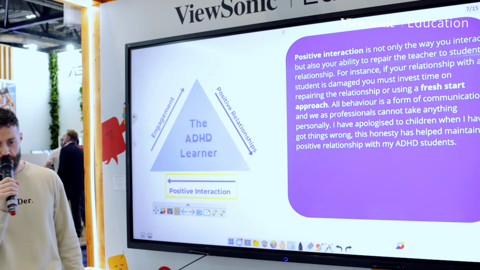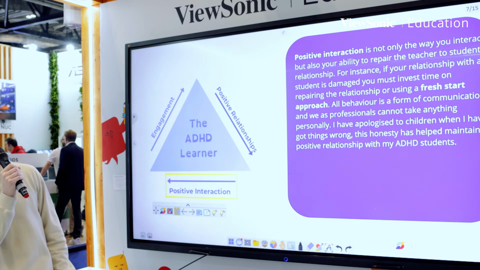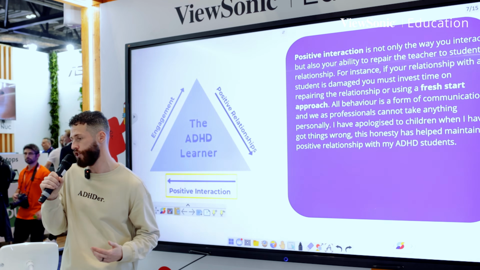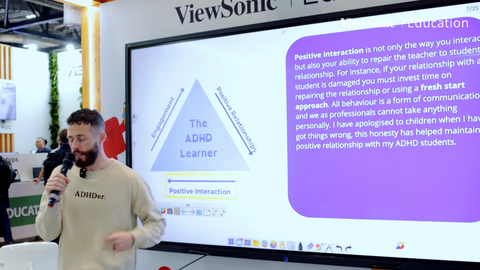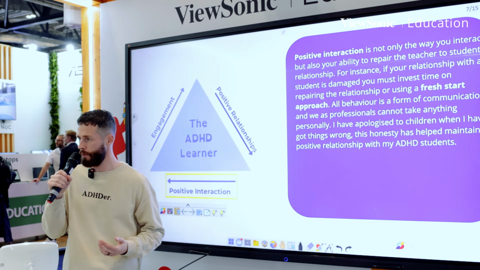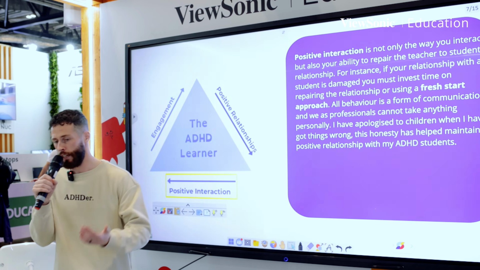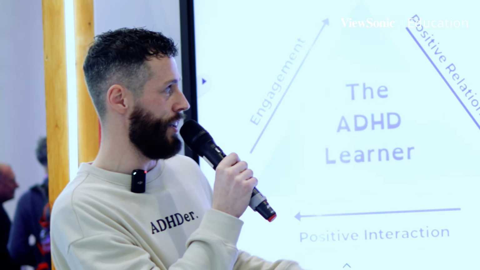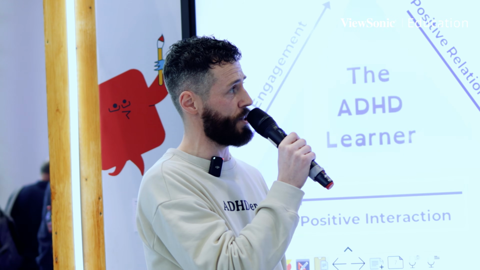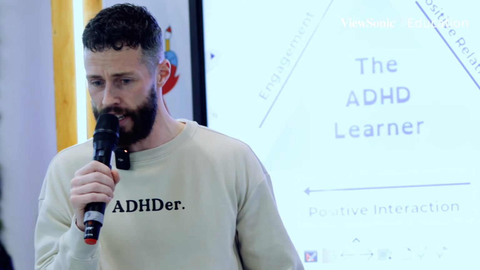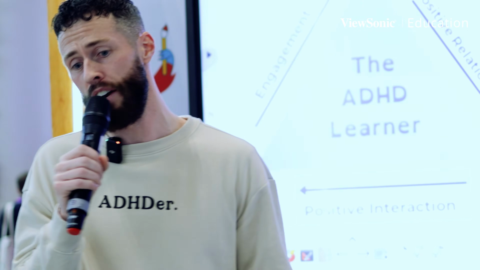So positive interaction, it's not only the way you interact, but it's also your ability to repair the relationship if that becomes damaged. So if there's been an incident involved, you need to think, how am I going to repair that? How am I going to make my classroom inclusive and approachable to be able to manage that? Because that can be really tricky as well, especially if it's a physical incident. The student can take a lot of time to get over that.